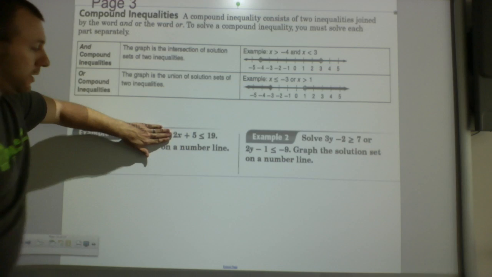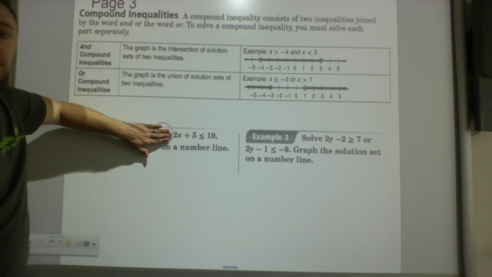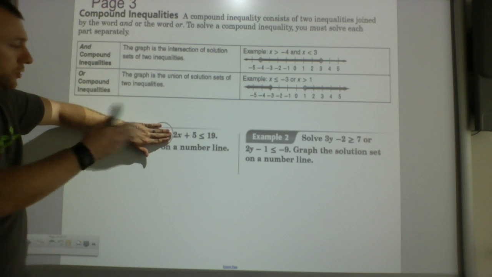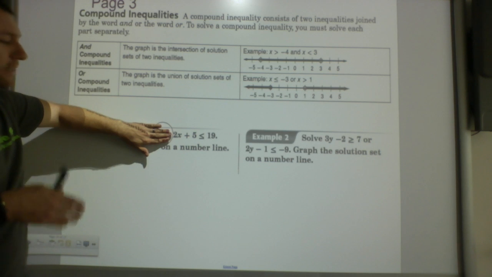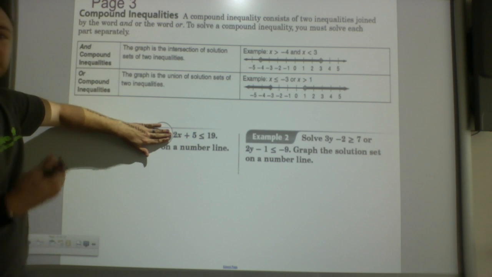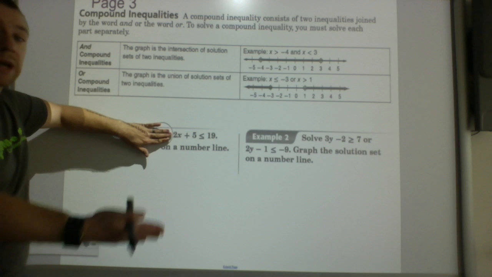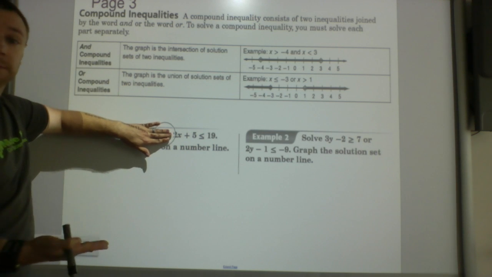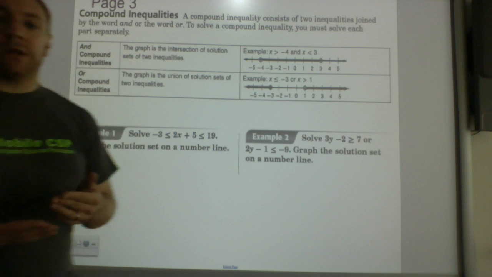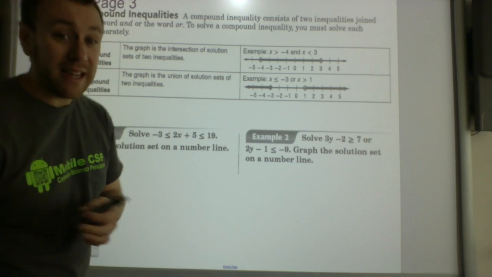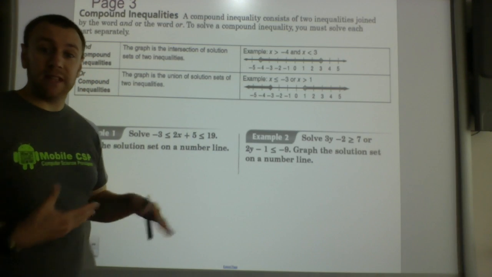I could also cover this up and go, well, 2x plus 5 is less than or equal to 19. I would again subtract 5, divide by 2, and I would get my answer. The trick with compound inequalities, I can actually solve both of these at the same time.